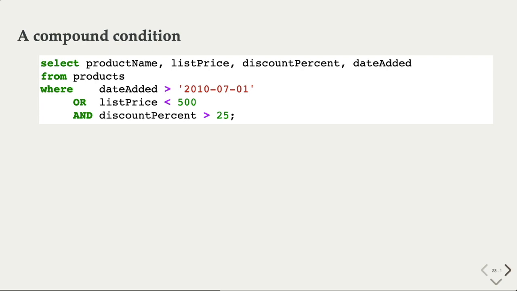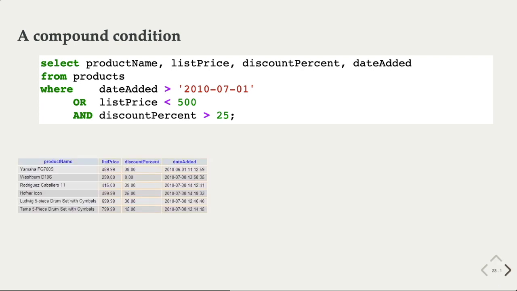So it's more than 25% discount. So perhaps this is a particular condition you want to use to look into your data, to run some analysis, and perhaps there are certain products you want to identify for some marketing purpose. So the result can be something like this based on the conditions that you specify.